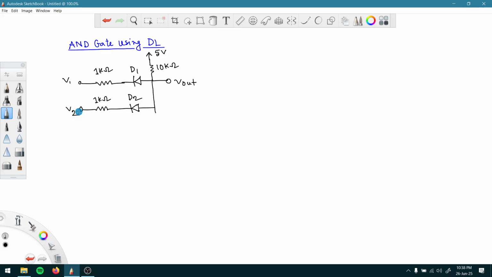So here also let us first try to build or understand the truth table. So V1, V2 and the output is V out.